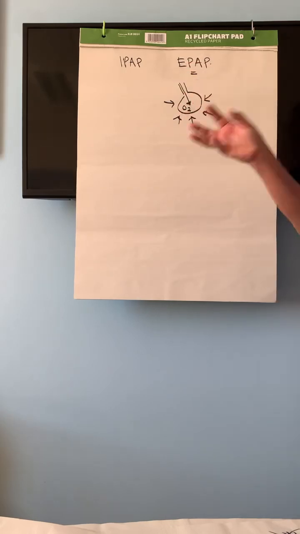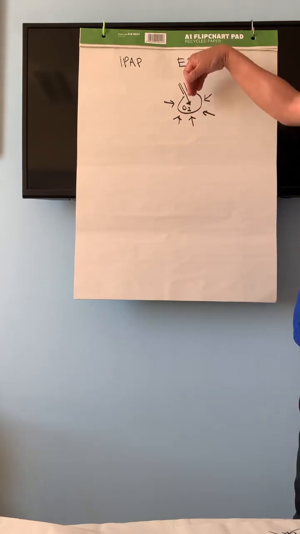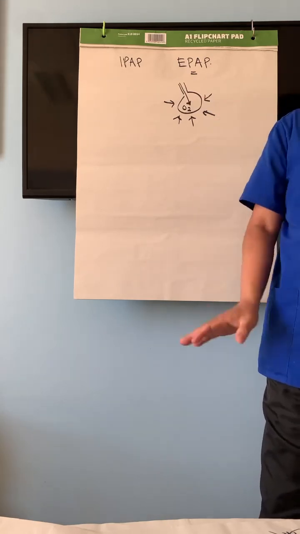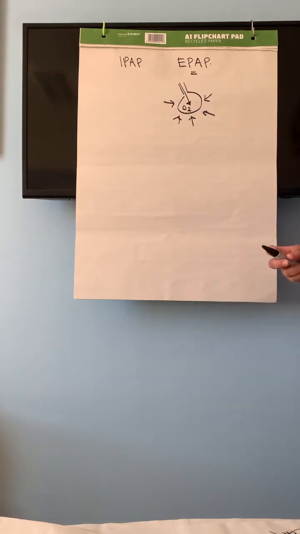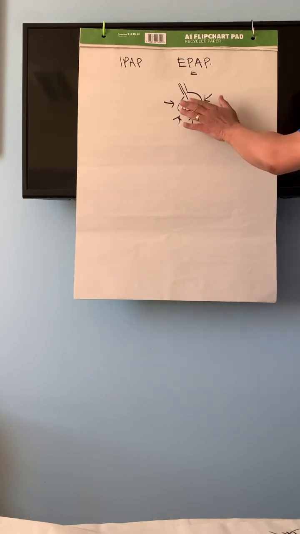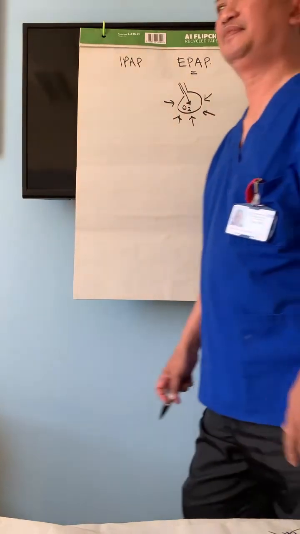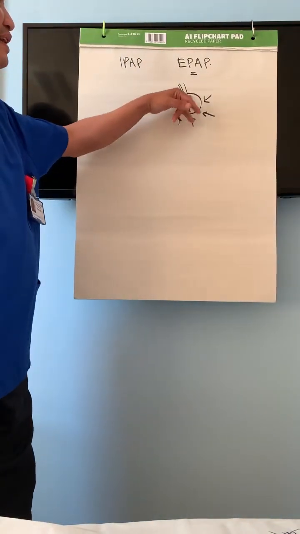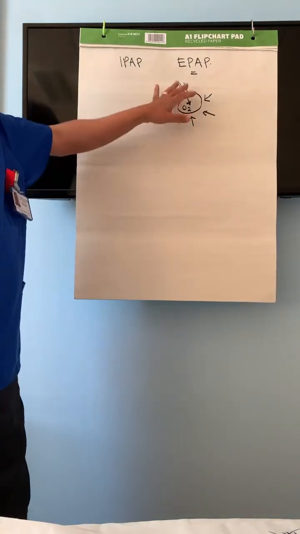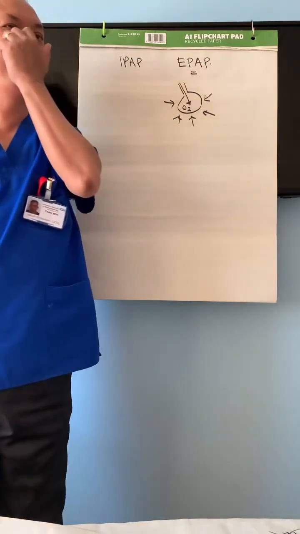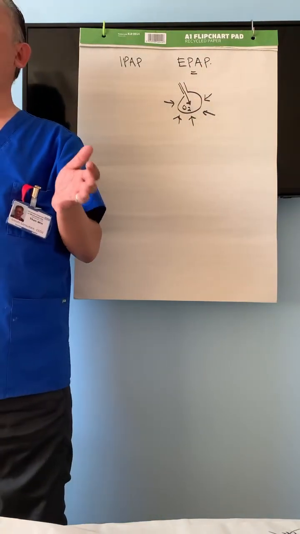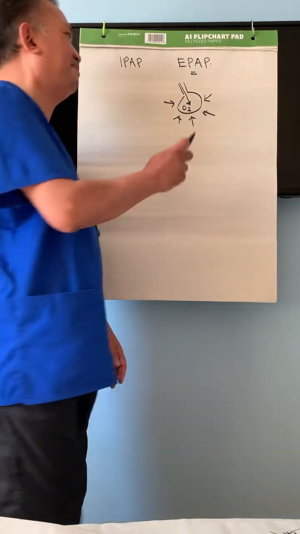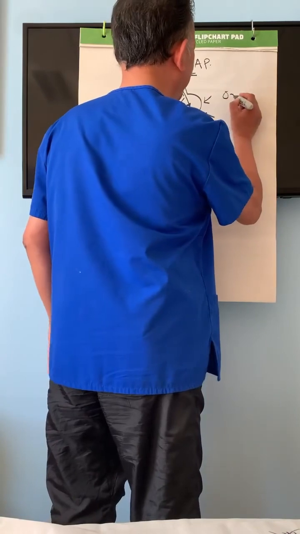By giving the pressure, the oxygen stays in the alveolus a little more time, so the alveolar capillary and oxygen interface time increases with EPAP. If you increase the EPAP, the oxygen stays a little longer in the alveolus, so EPAP will help to increase the oxygen.